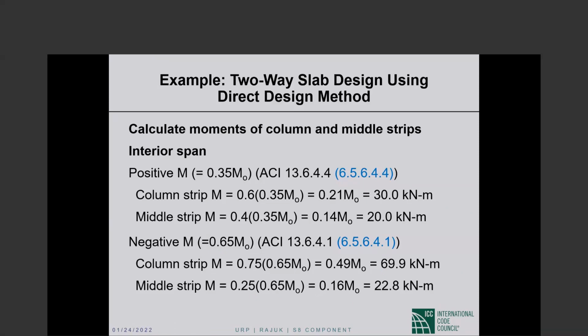The negative moment in the middle strip comes to 22.8 kilonewton meters. Okay, so interior span, positive moment 30 kilonewton meters in the column strip, 20 kilonewton meters in the middle strip. Negative moment, both supports are the same. This is interior span.